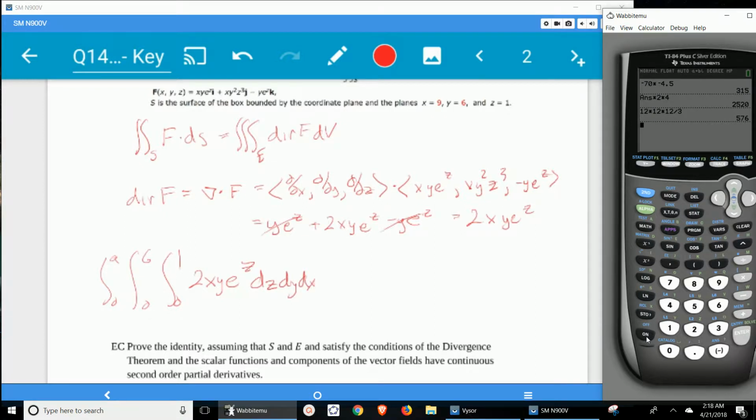These things are all completely independent of each other now, so it's just 2 integral 0 to 9 x dx integral 0 to 6 y dy integral 0 to 1 e to the z dz.